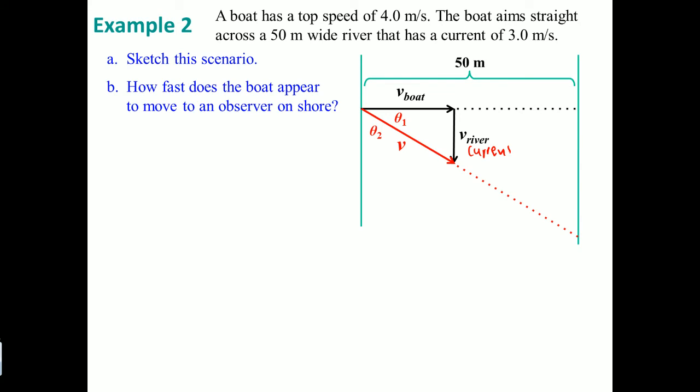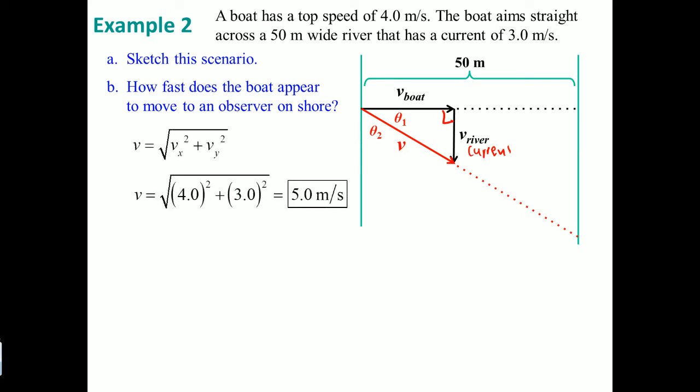To get the velocity, you would set up a right triangle, so you could use the distance formula or the Pythagorean theorem. The velocity of the boat was 4 meters per second, and the current was 3 meters per second. Using the Pythagorean theorem, a squared plus b squared equals c squared, you can get the velocity of the boat based on the current.